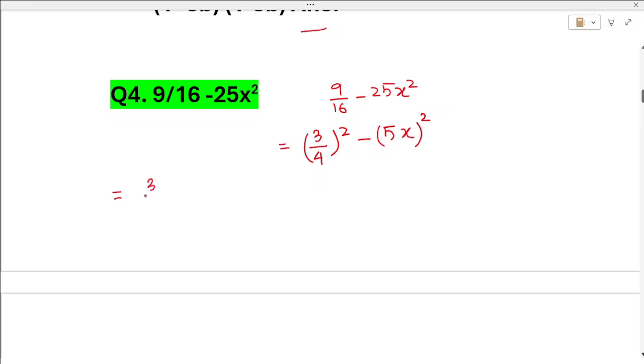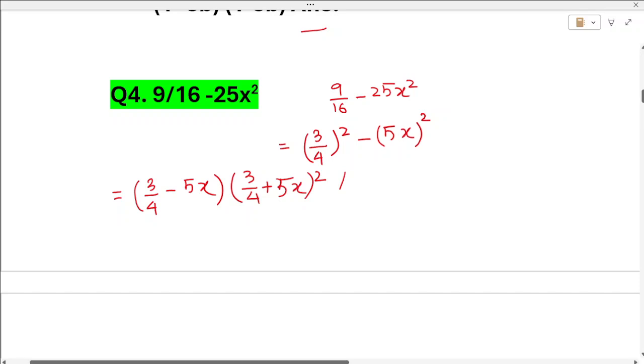Now you need to express it as the sum and difference of the terms. This is the difference, and this is the sum, 5x. Sorry, just wait.